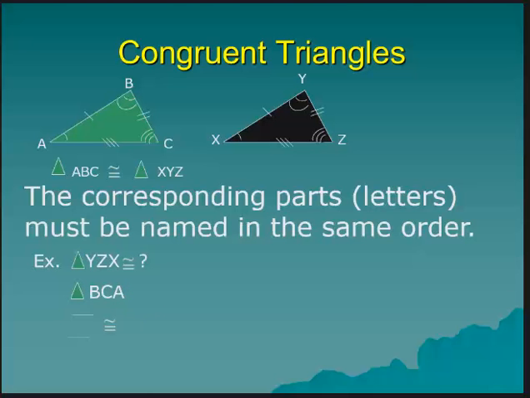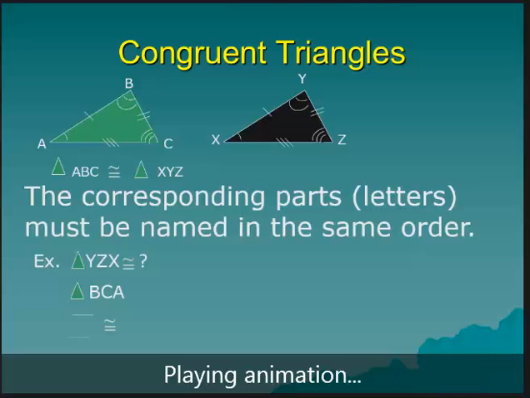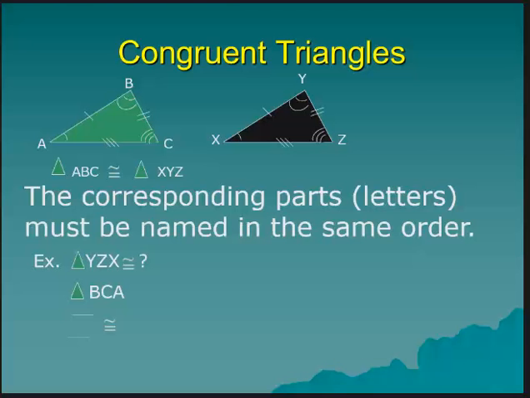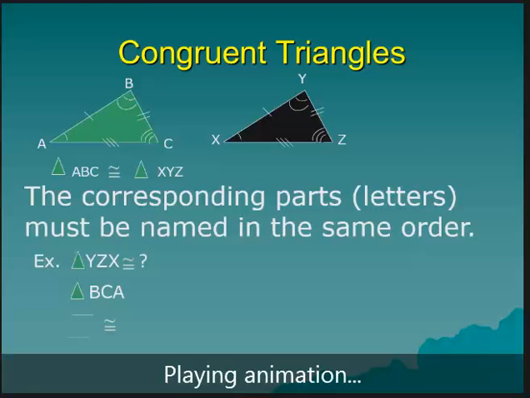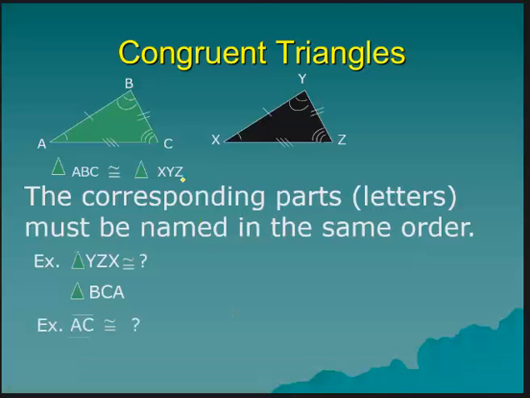Let's try another one using the sides. If I have side AC from the green triangle, what side is it going to be congruent to over here in the black triangle? What is the corresponding part?